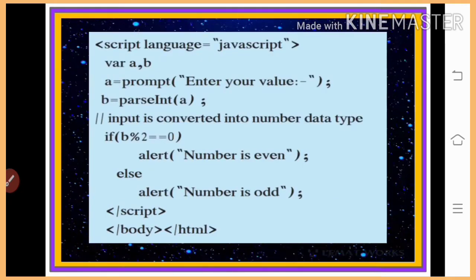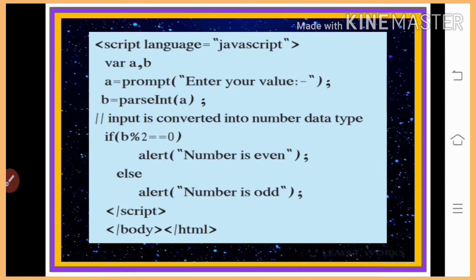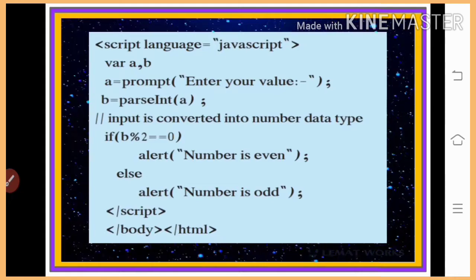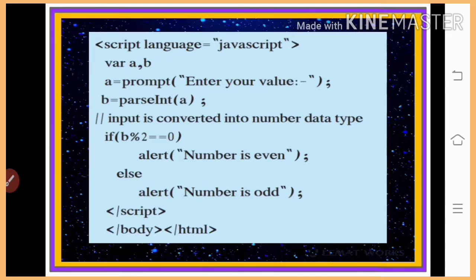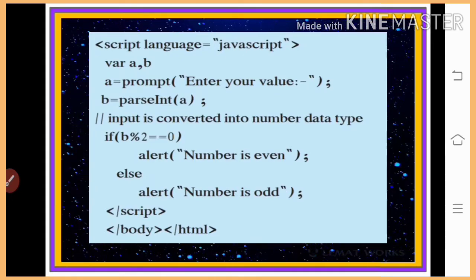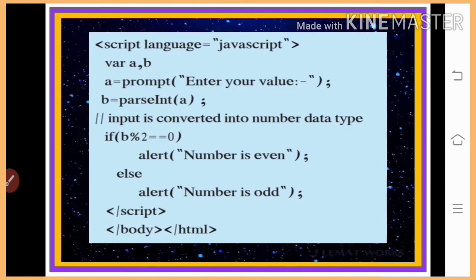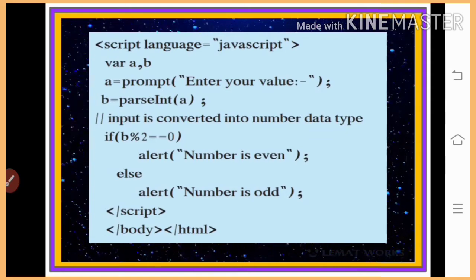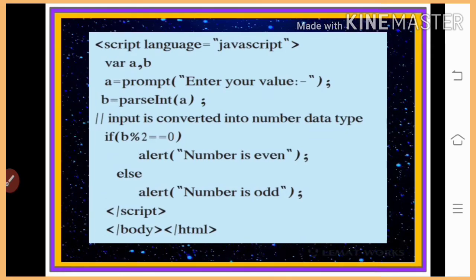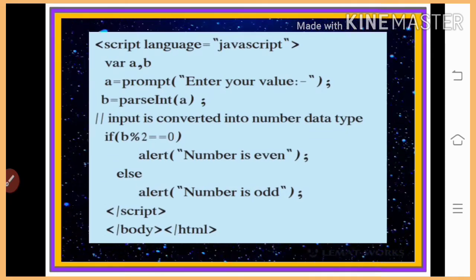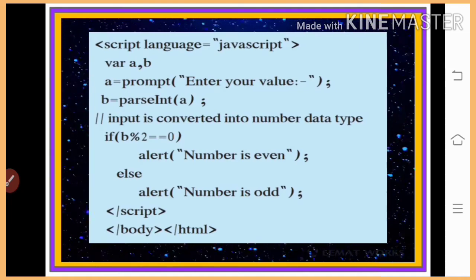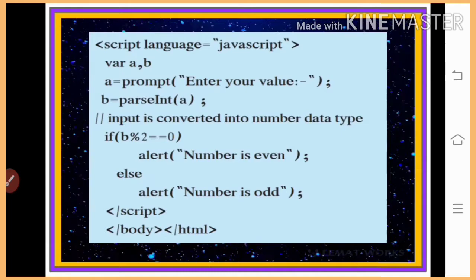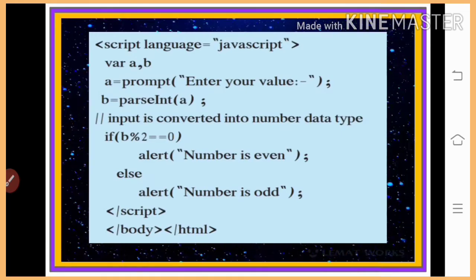Declare two variables a and b. a equal to prompt, enter your value. b equal to parseInt(a). Here the parseInt function is used to convert the value of a into an integer. If b mod 2 is equal to 0, then alert number is even, else alert number is odd.